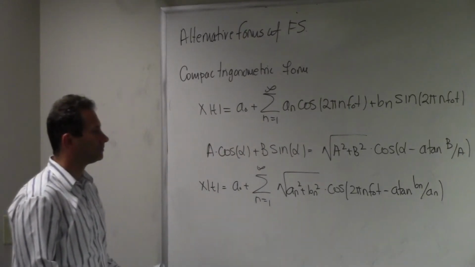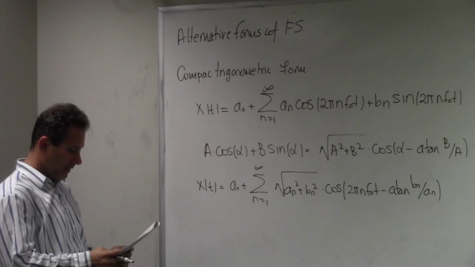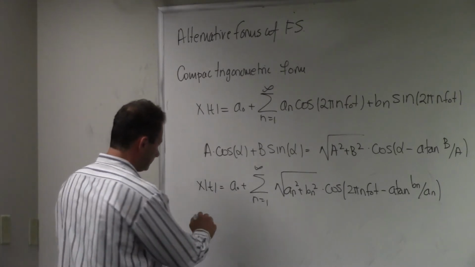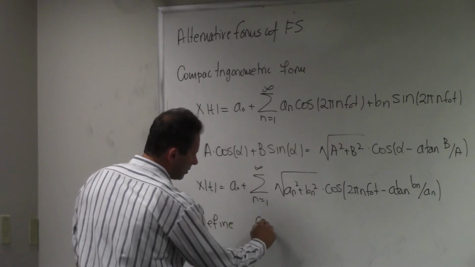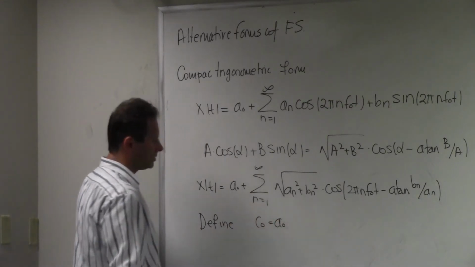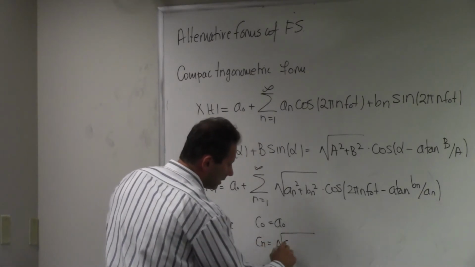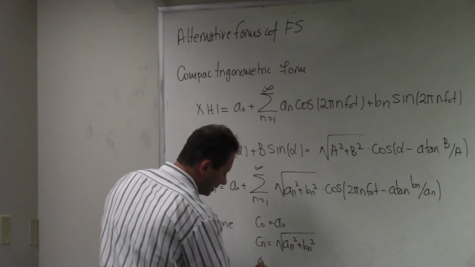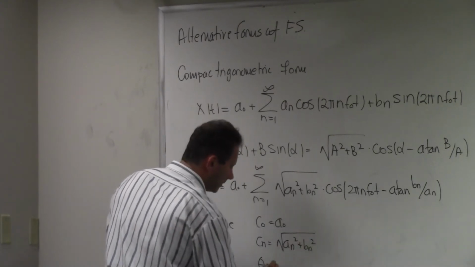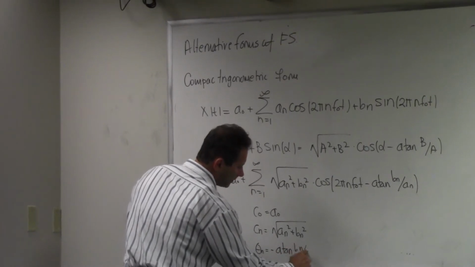Right, so I have shrunk this form somewhat, and at that point I can define C0 as being the same as A0, and then Cn as the square root of an squared plus bn squared, and then theta n as minus arctangent of bn over an.